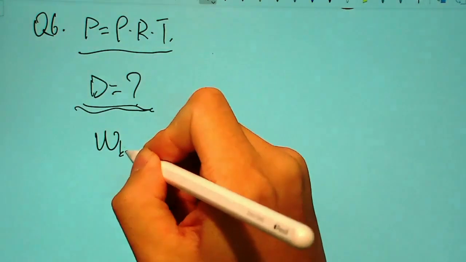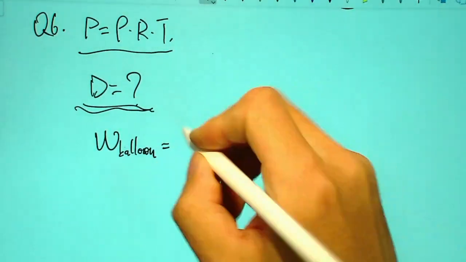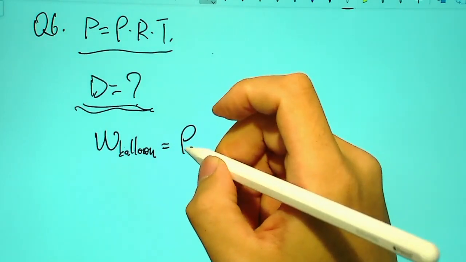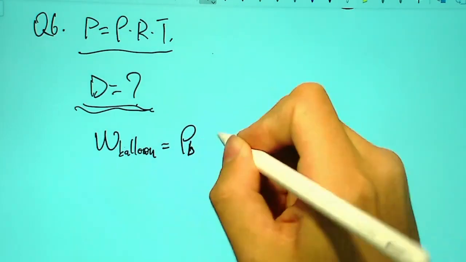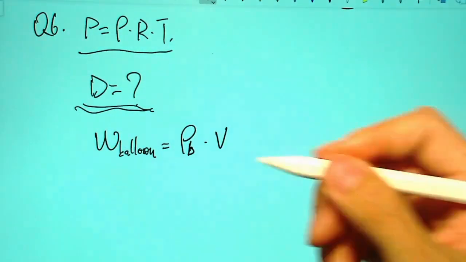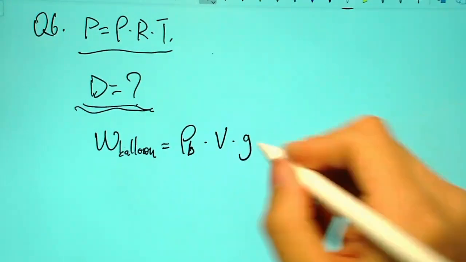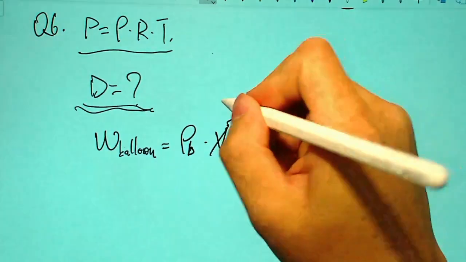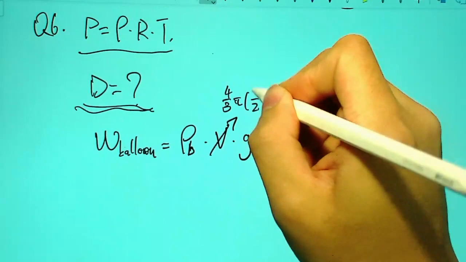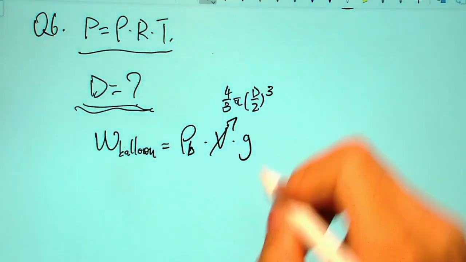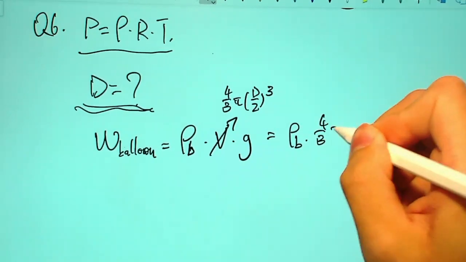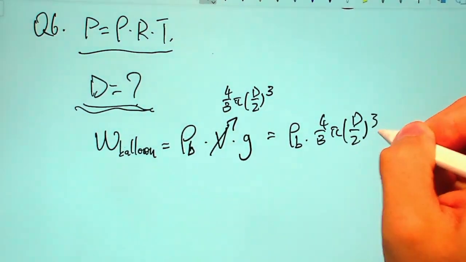The weight will be, this is pretty straightforward, the gas inside, which we call rho B, times the volume of this balloon times gravity. The volume is quite direct, it is 4/3 pi (d/2) cubed, times g.